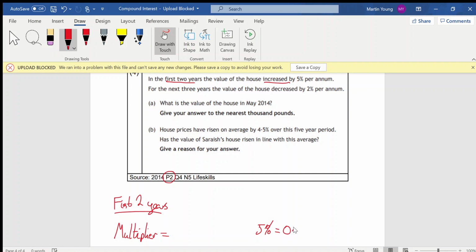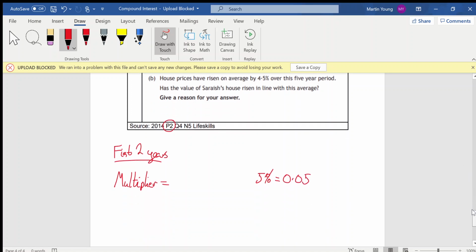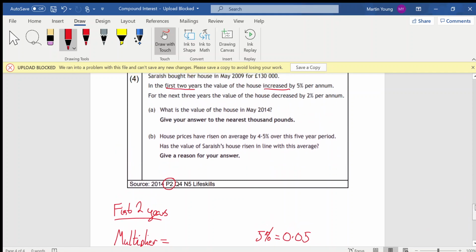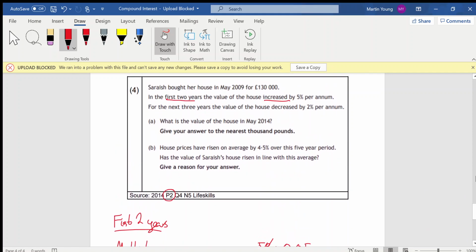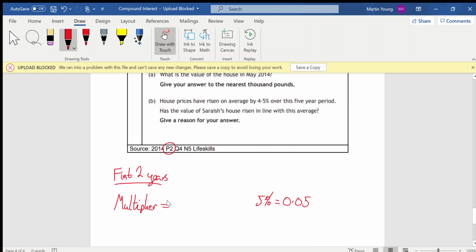That's 0.05 divided by 100. It's increasing in these first ones. So we start with 1 and then we add on 0.05. You could start with 100% and add on 5%, then change it to decimal. It makes no difference. So we're going to have 1.05.